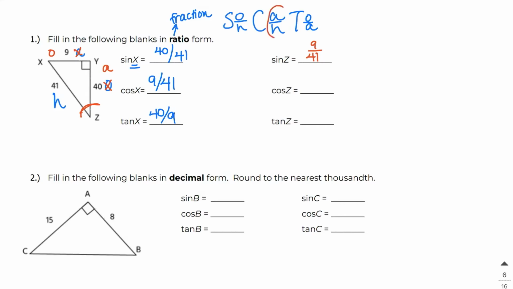Cosine is adjacent over hypotenuse, so this would be 40 over 41. And then tangent is opposite over adjacent, so it would be 9 over 40. And that's how you do this.